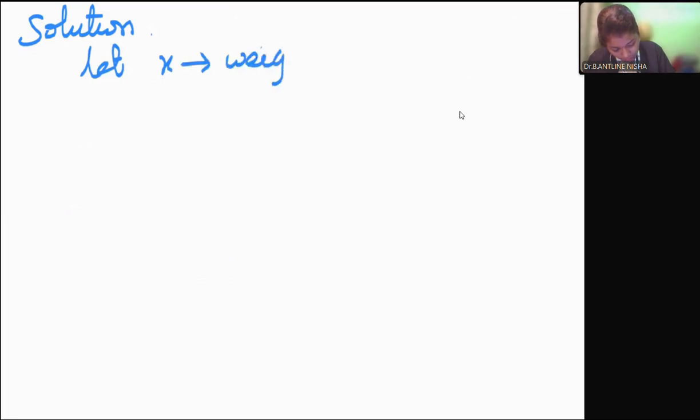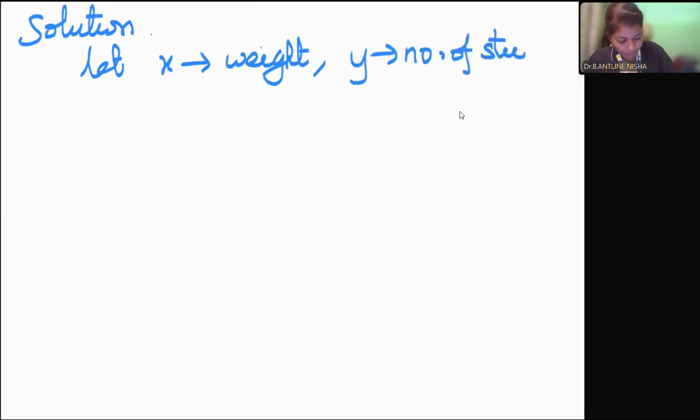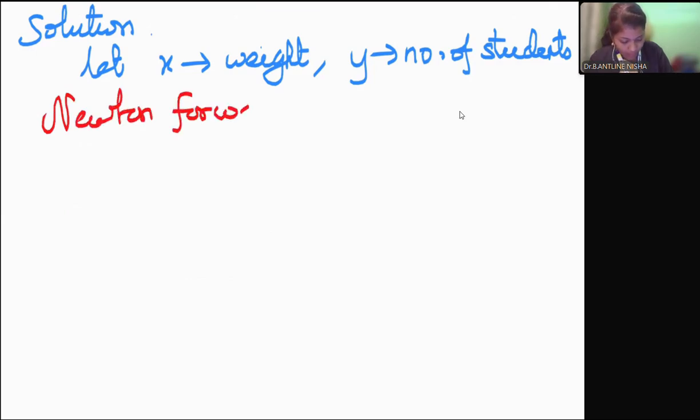Solution. Let x be the weight and y be the number of students. So here we have to apply Newton forward interpolation formula.